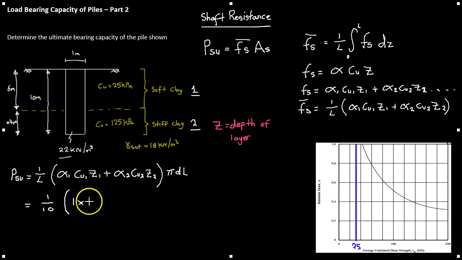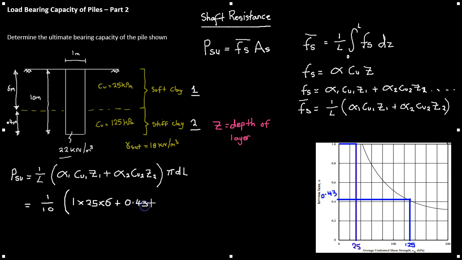So it's 1 times 25 times 6 plus alpha 2. Now alpha 2, we're using 125 kilopascals off this chart, and we should get a value of around 0.43 for the reduction factor. Hopefully you get something similar.